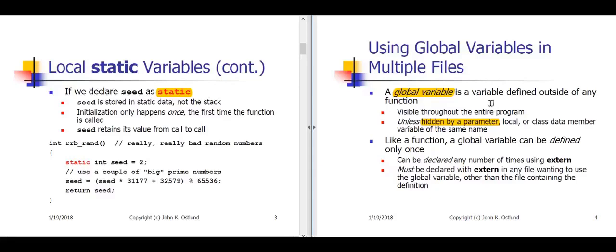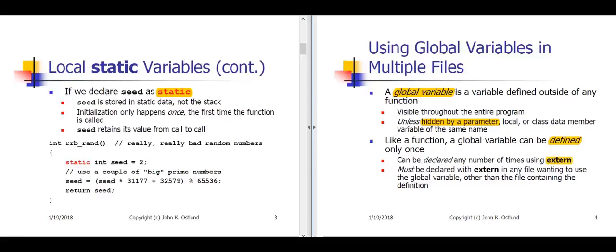In those nested situations, the global variable will be hidden from view. You can only define a global variable one time. You can declare the global variable as many times as you wish using the keyword extern.